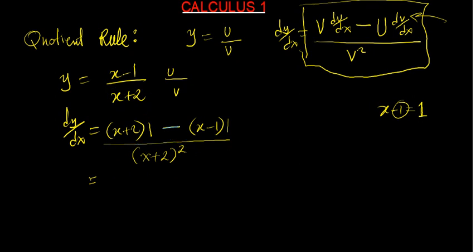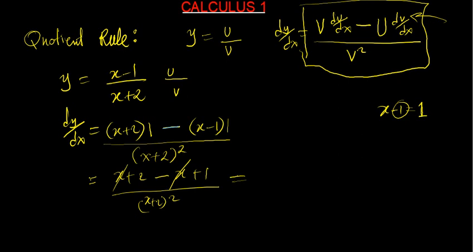Okay, so I can now expand. So this one, what is on top, will give us x plus 2 and then minus x plus 1, divided by x plus 2 squared. So you can see that this and that can cancel.